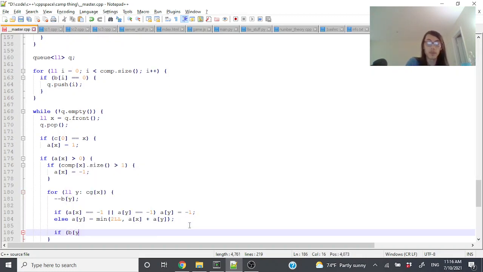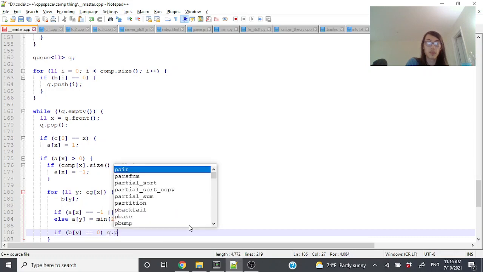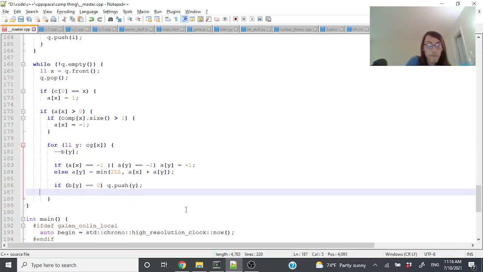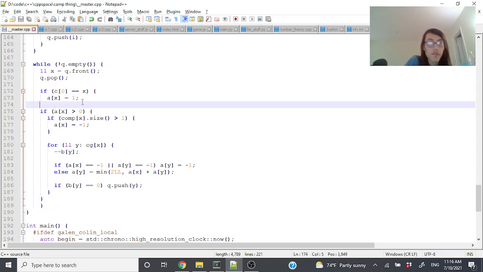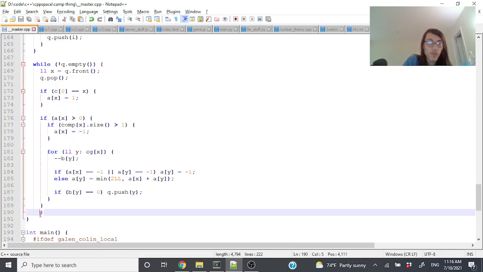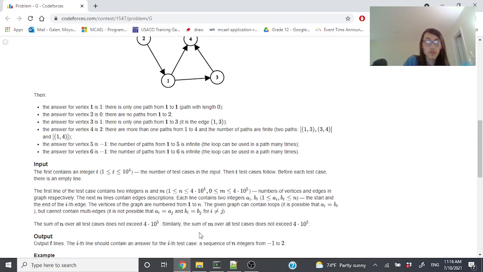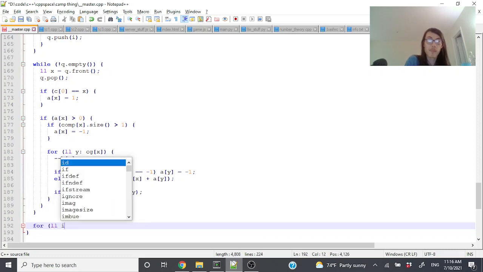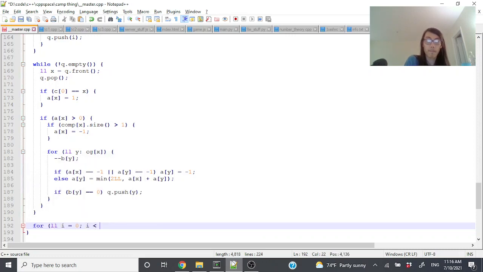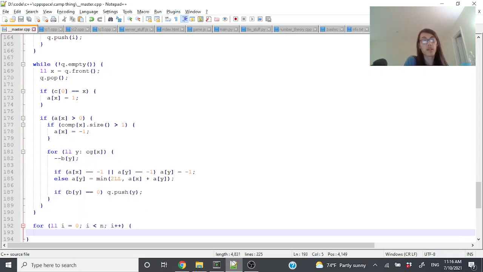And if by is equal to 0, q dot push y. This should be good by itself.